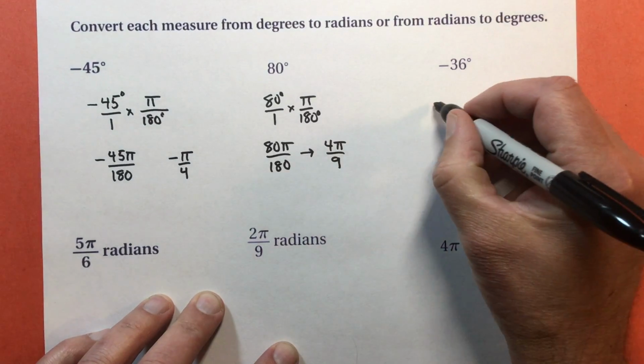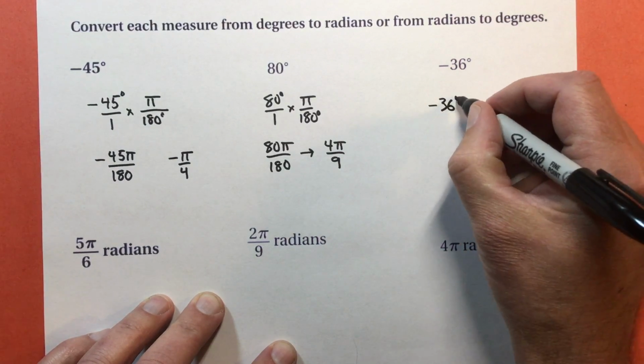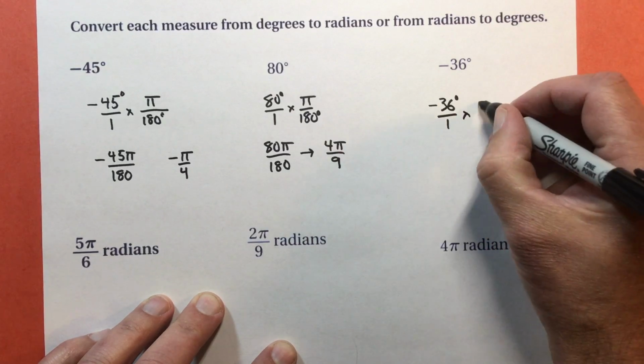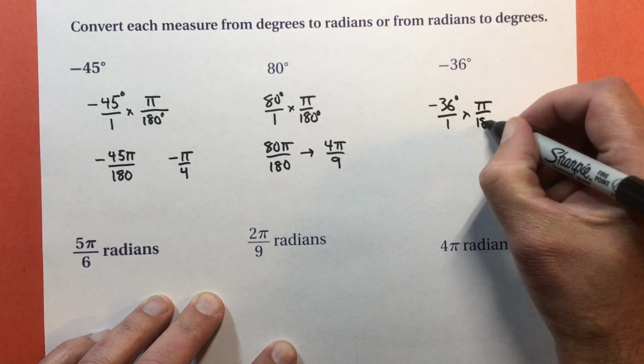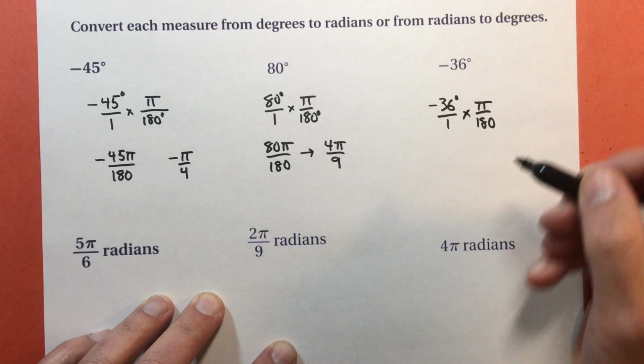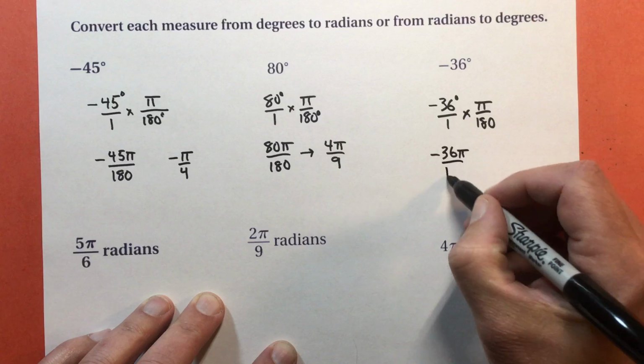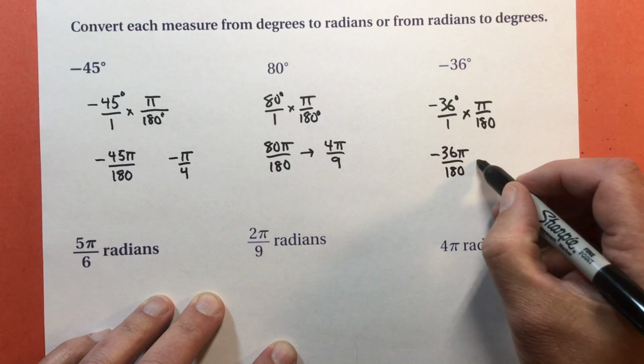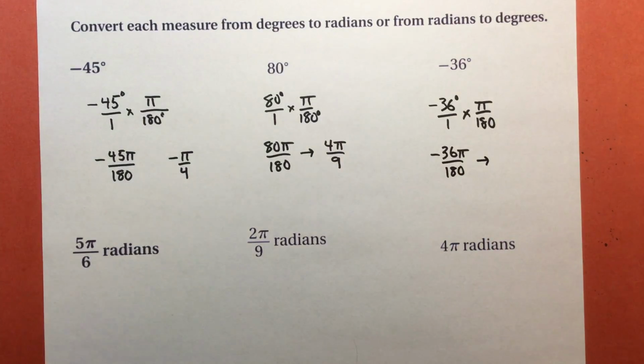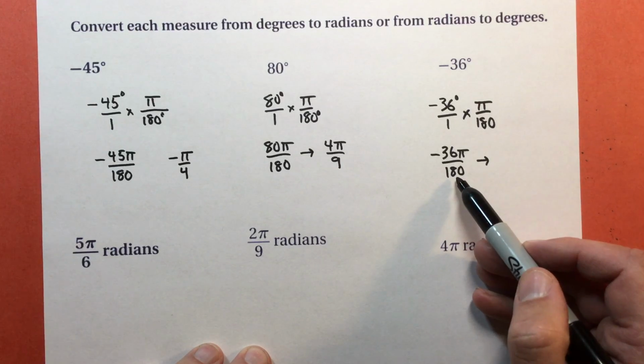For negative 36, again, the negative is going to stay with it. And I get negative 36 pi over 180. And what's going to reduce? Well, looks like I have a common factor of 18. This is 18 times 2, and this is 18 times 10.